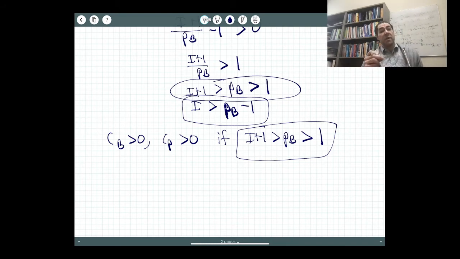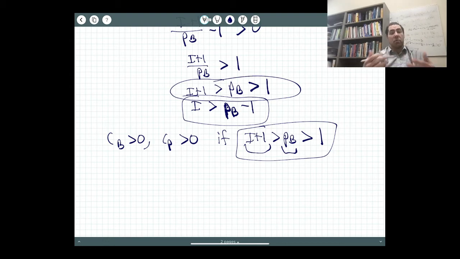So as long as PB is high enough that I still want to consume some pizza, but not so high that I can't afford to eat stuff higher than my income, then I'm going to consume positive amounts of both beer and pizza. And so it makes a lot of sense. Which case I'm going to get to is really going to depend on how high the relative price of beer is compared to my income.